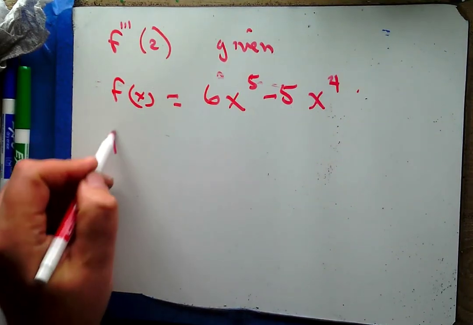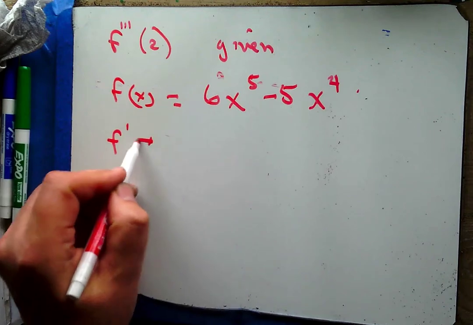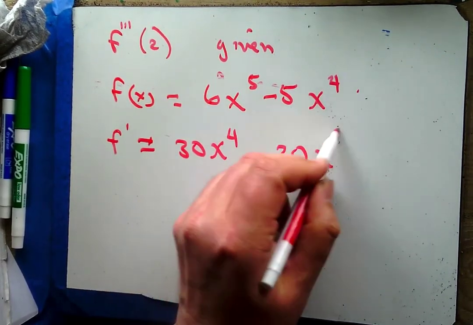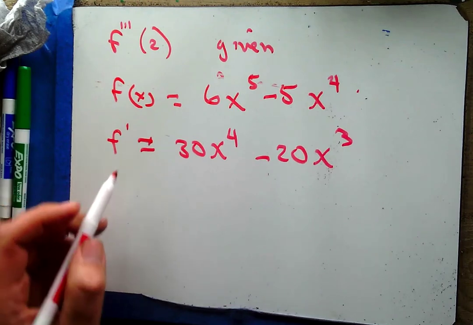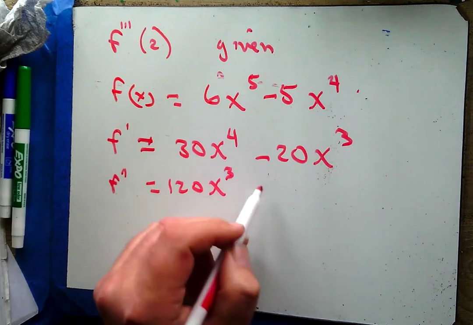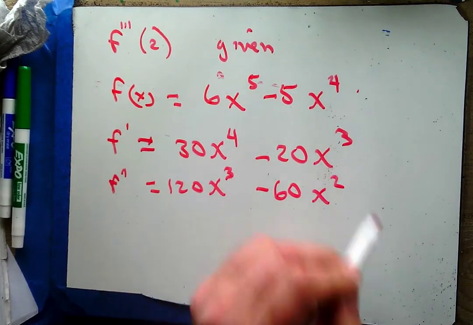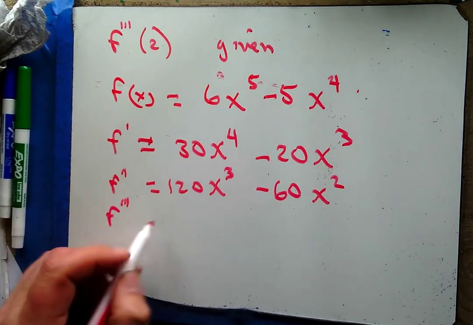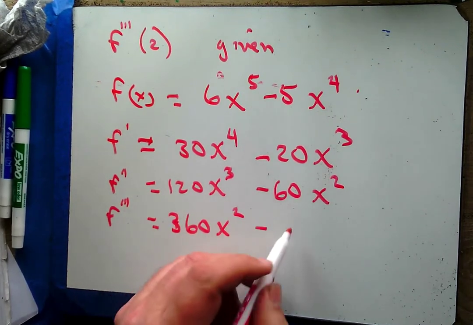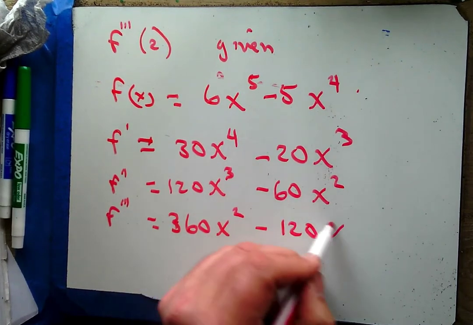Okay, so f prime is going to be 30x to the fourth minus 20x to the third. And then f double prime is 120x to the third minus 60x squared. And f triple prime is 360x squared minus 120x.